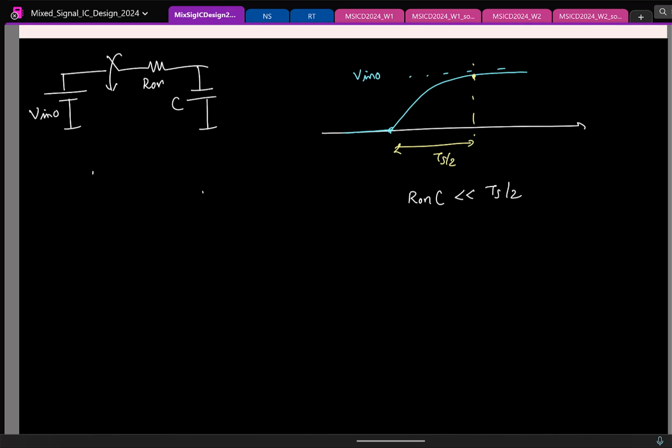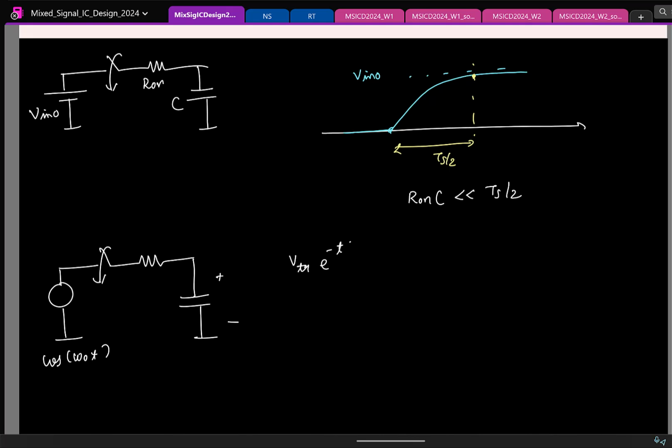Similarly, we also did this for a time varying signal, and for a time varying signal we considered a cos or a sine, because any signal can be decomposed as a bunch of sinusoids. So once again, if I assume that the switch is closed, we know that the output will have some transient, which I didn't explain in detail, that will basically decay with time.